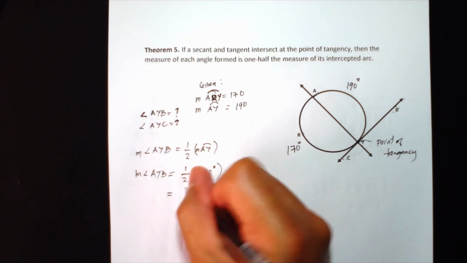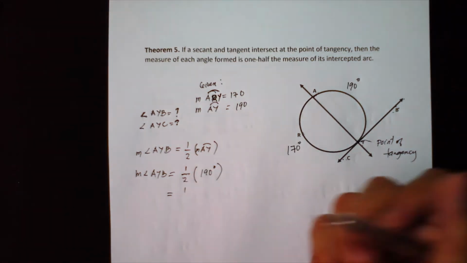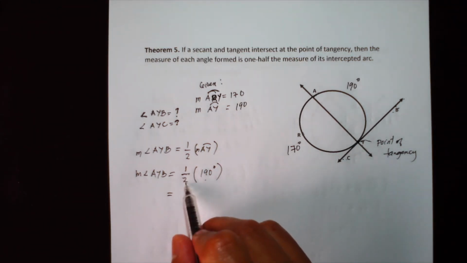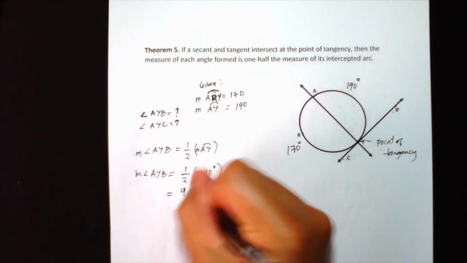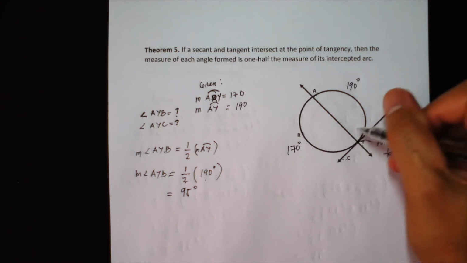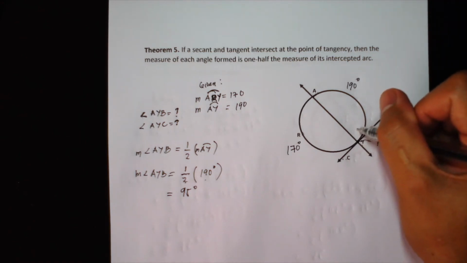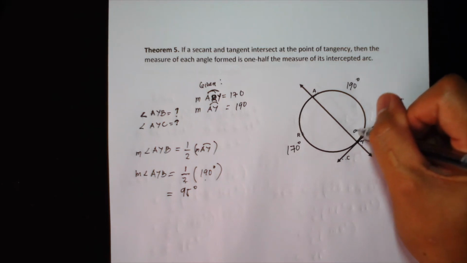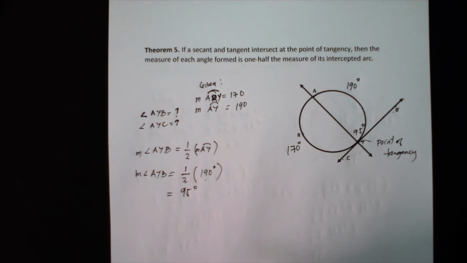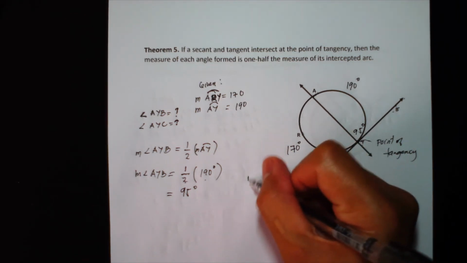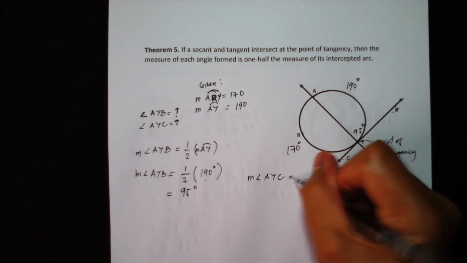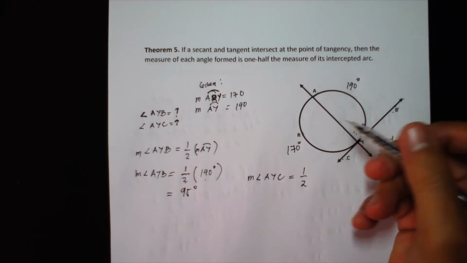So 190 multiplied by 1, divided by 2, is 95 degrees. That is the measurement of angle AYB.